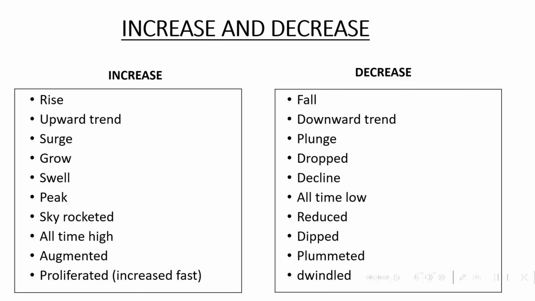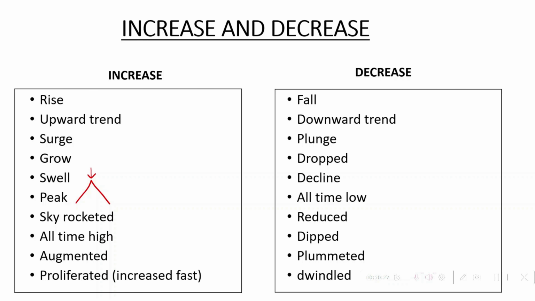So first, increase. We can write rise. There was an upward trend. There was a surge seen in the number of investors in this particular company. There was a growth. There was a swell. It peaked. Peaked means ekdam high पहुंच गया.